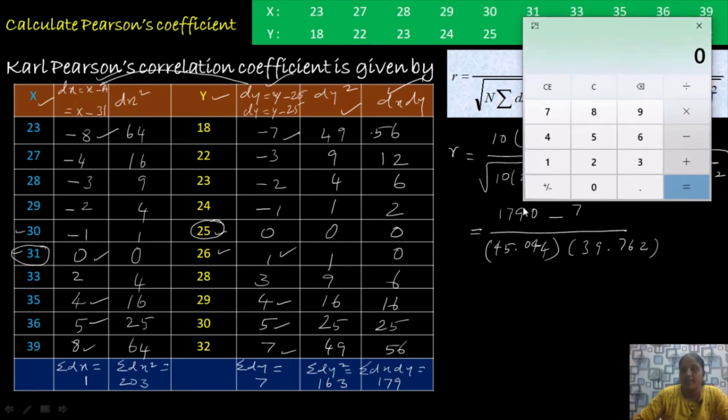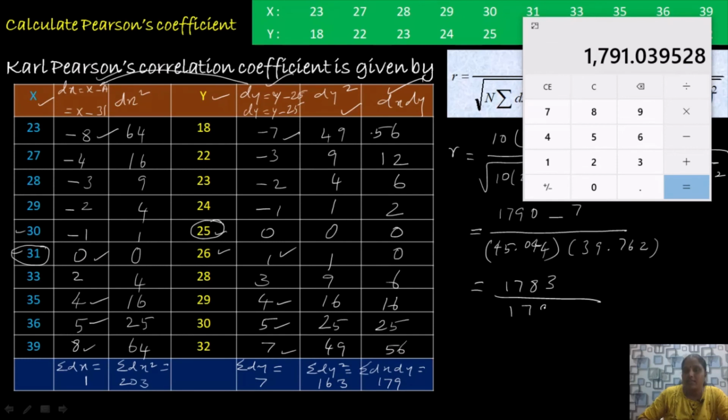In the numerator, first you have to subtract, that is 1790 minus 7, you get 1783, whole divided by, when you multiply 45.044 with 39.762, you get the total as 1791.04.